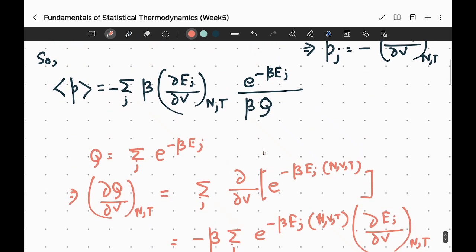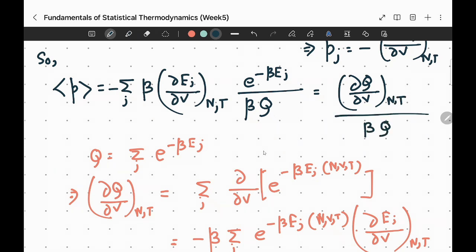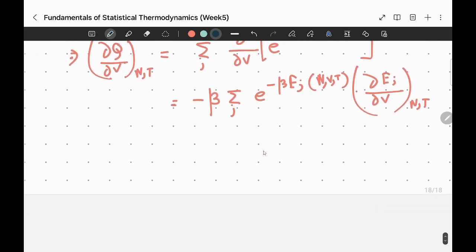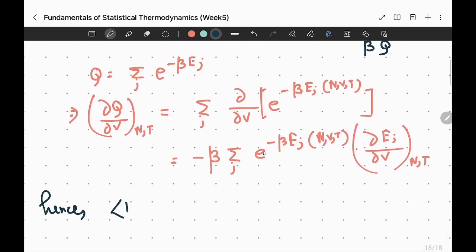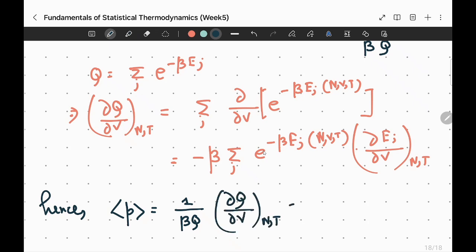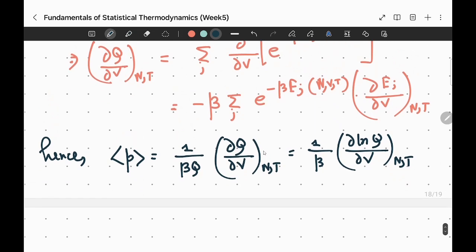So it can be written as del Q del V at N, T divided by beta Q. Hence, the pressure P average will be 1 by beta Q del Q del V at N, T. So essentially you can write it as 1 by beta d ln Q del V at N, T. And 1 by beta is KBT. So this is the form of average pressure.